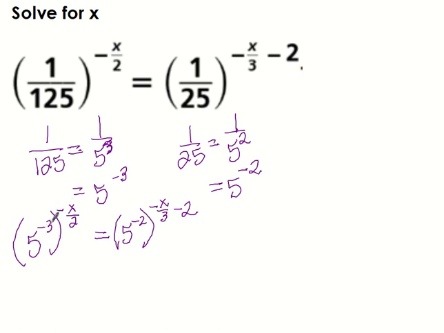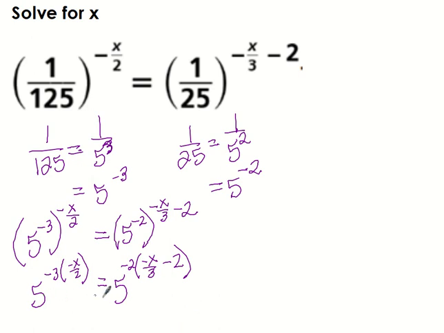So for a power raised to a power, I multiply. So this is the same as 5 raised to the negative 3 times negative x over 2 equals 5 to the negative 2 times negative x minus 3 over 2.